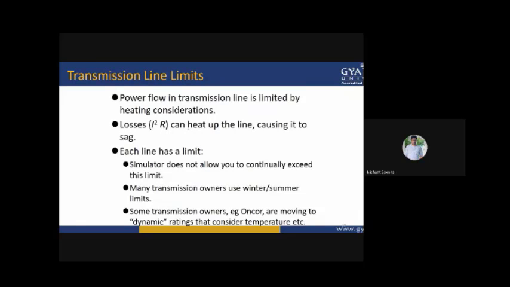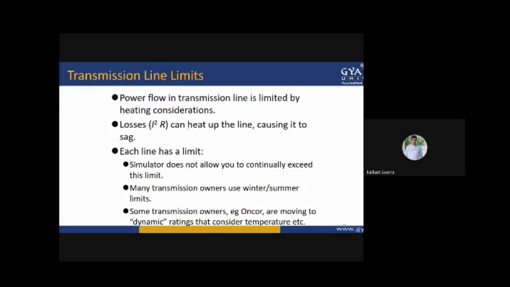What are the transmission line limits or constraints? The power flow in the transmission line is limited by heating considerations. That means how much heat is produced by the conductors when they are carrying large current and voltages. The losses are given by I squared R. These losses can produce heat and cause sag.